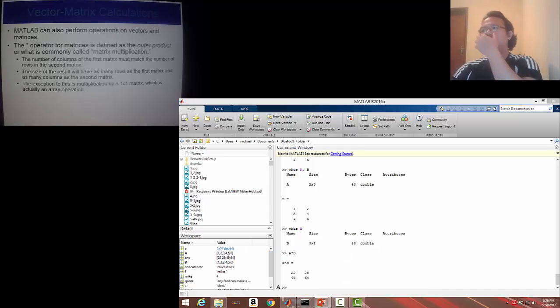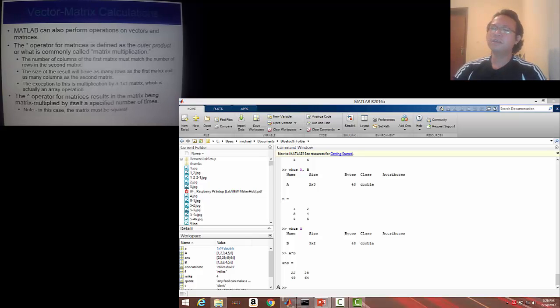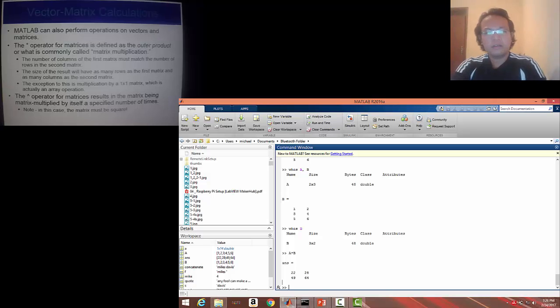The exception to this multiplication is a 1 by 1 matrix, of course, which is really a scalar. Now, the exponent operator for matrices results in the matrix being multiplied by itself a specified number of times. Let's say A here.